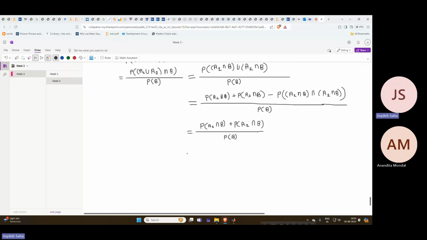And if we break this, then we will get probability of A1 intersection B divided by probability of B plus probability of A2 intersection B divided by probability of B.